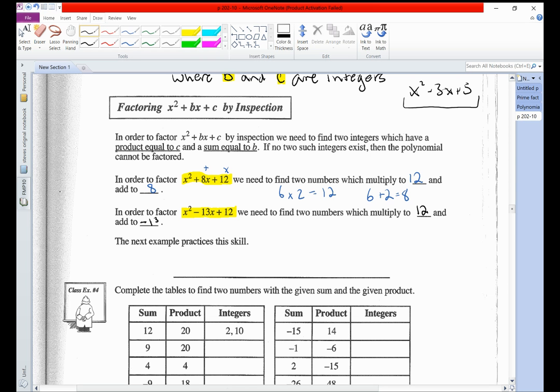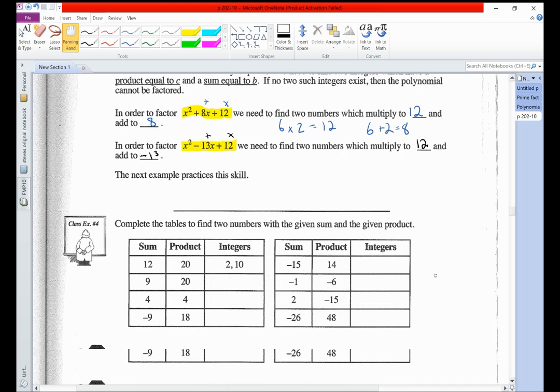So we'll talk about that a little bit more. I'm not going to go over that one now, but we will. I'm just showing you that we need to find two numbers that multiply to the constant and add to the middle term. So we're going to do a little bit of practice with that.